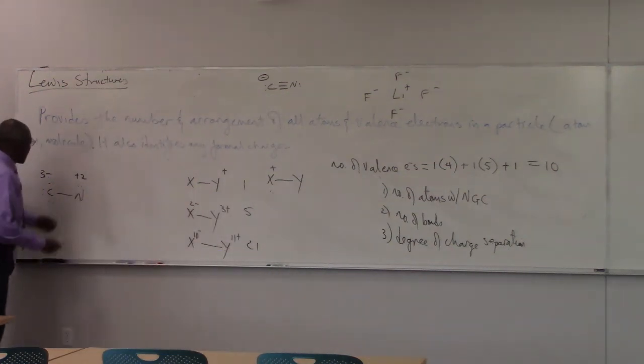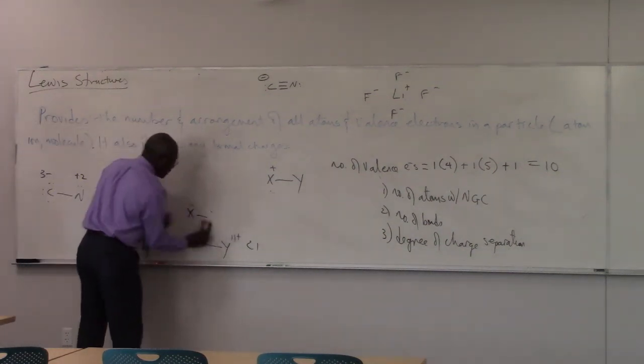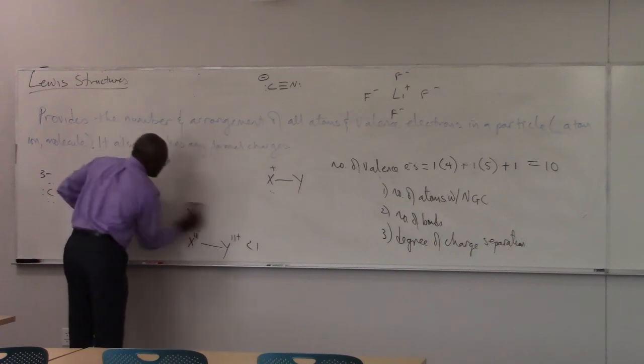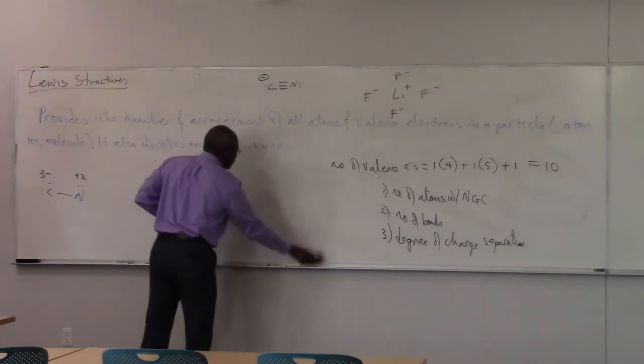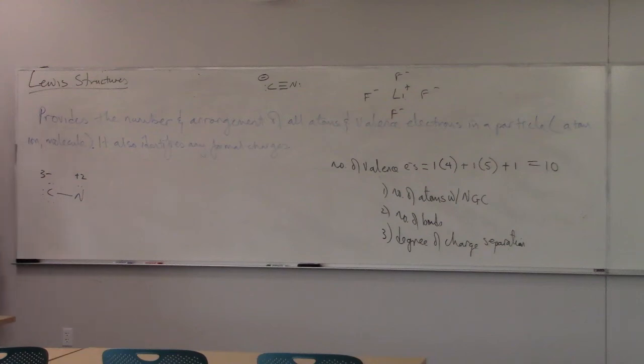Okay. Can I fix this structure? The answer is absolutely. And I'll do this quickly. So, what do I need to do? Well, the N needs to get a noble gas configuration. N needs electrons. Well, where would electrons come from? And the answer is from the electron-rich species. The N is electron poor.